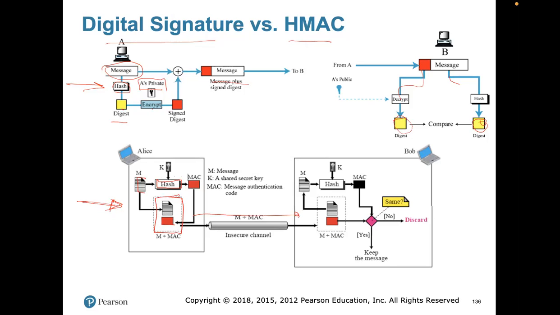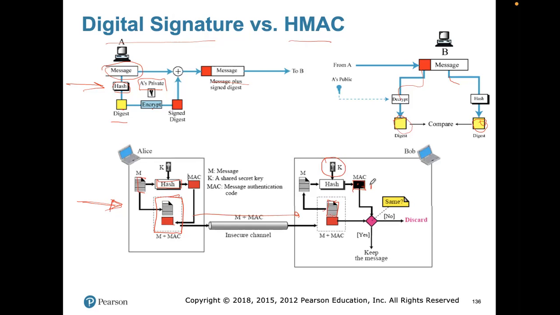And at the receiver side, we do the same thing. The receiver, which is here Bob, receives the message and looks at the plain text, generates the hash using the same key, and generates, of course, a hash or a MAC. And these two parts are going to be compared against each other.